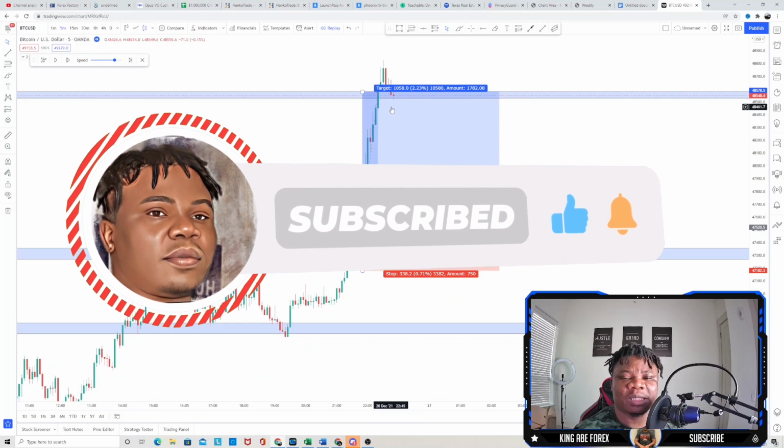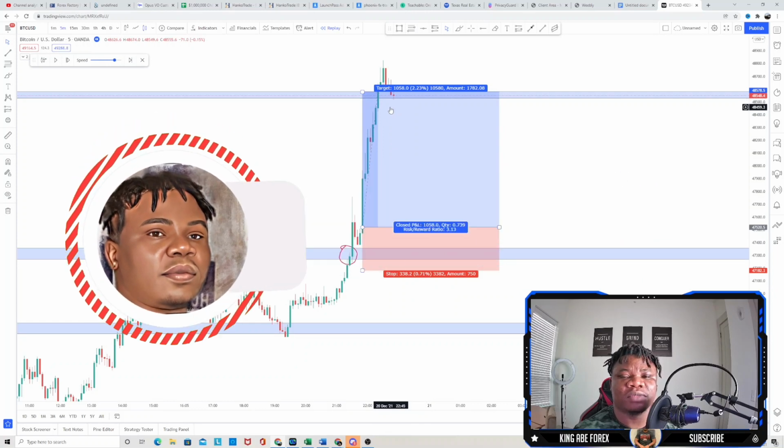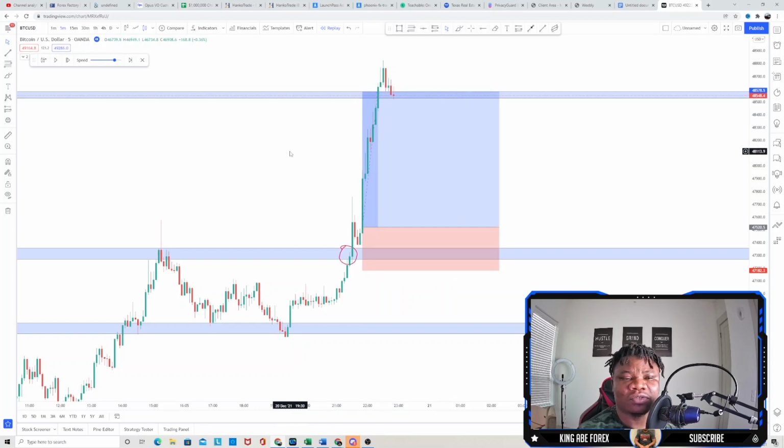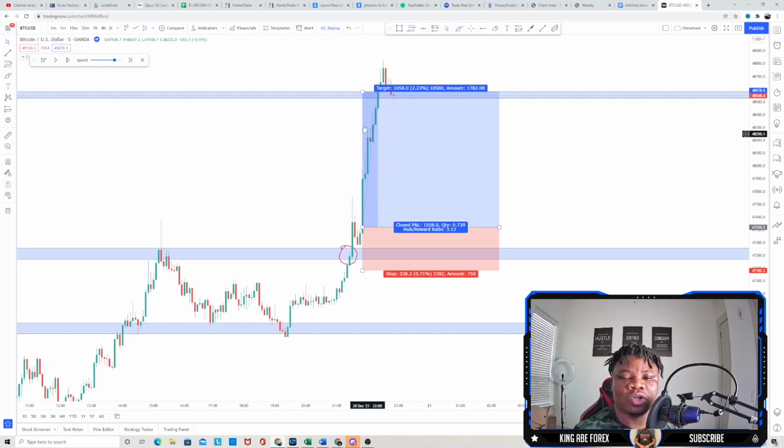This is a lot of pips right here when you're scalping, because you don't have to have your zones marked up. But this is how I like to trade, and when I have my zones already, I will have multiple zones in between. Let's say I could target this zone here for like 500 pips, and I can have another zone here for 800 pips, and I'll have my final take profit up here for 1,000 pips.